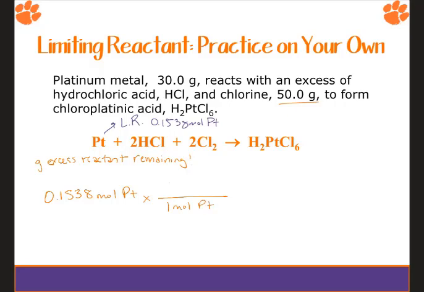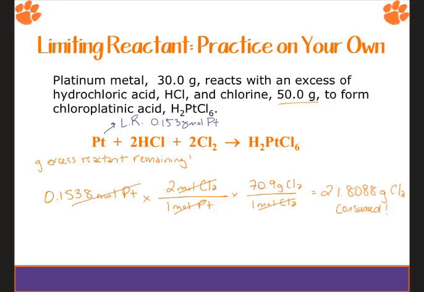So every 1 mole of platinum, I consume 2 moles of chlorine. And then I go from moles of chlorine into grams of chlorine using the molar mass of chlorine. Make sure everybody cancels. And now I have to stop and solve.